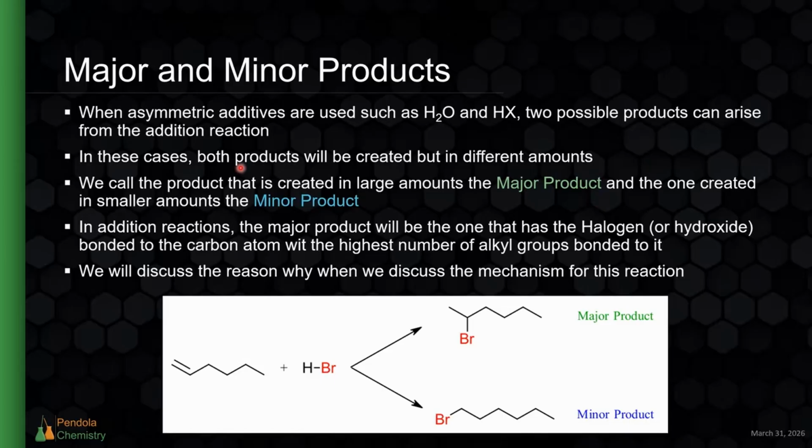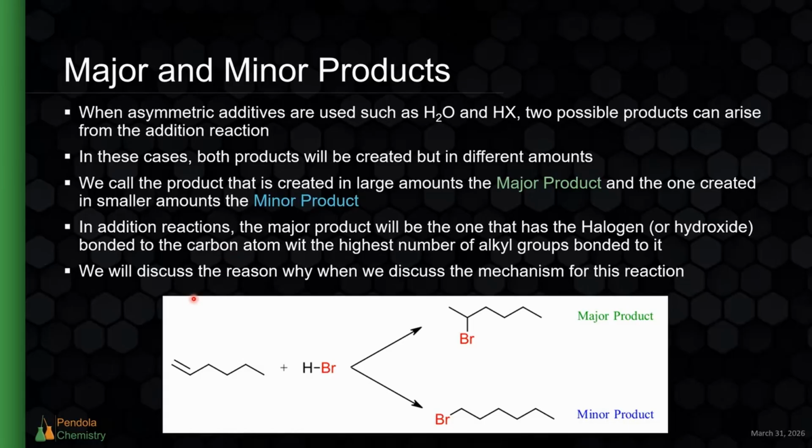In addition reactions, when we have asymmetric additives, which are water and hydrogen halides, two possible products can arise from that addition because of those positional isomers. In this case, both the products are created.